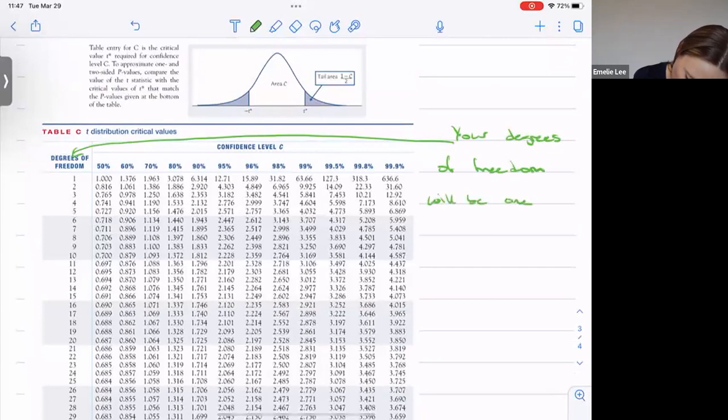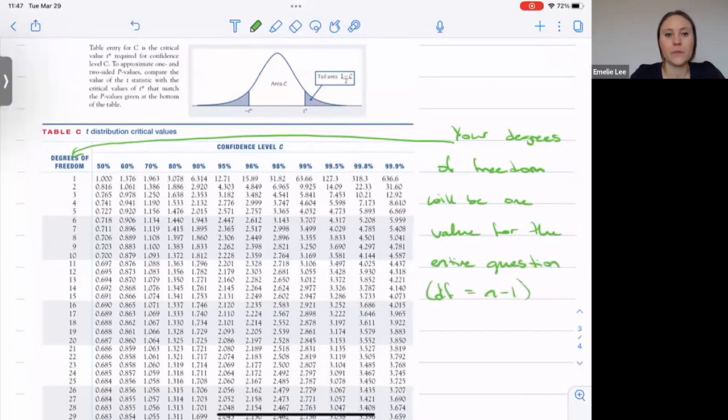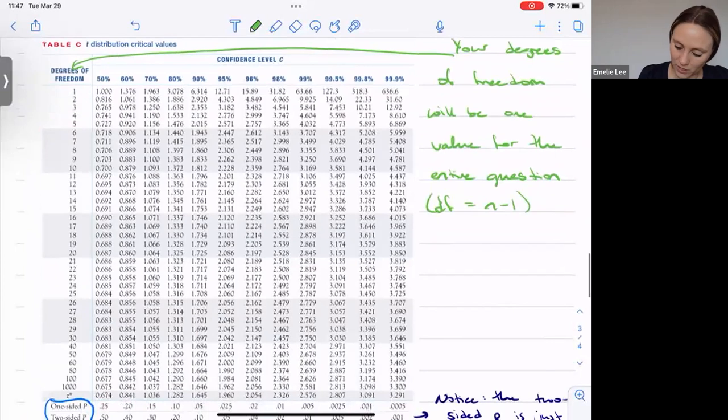Degrees of freedom is equal to n minus 1. Once you've found your degrees of freedom, you have to stick to that line. You ignore all the other lines except for the information in the margins, which we'll use.